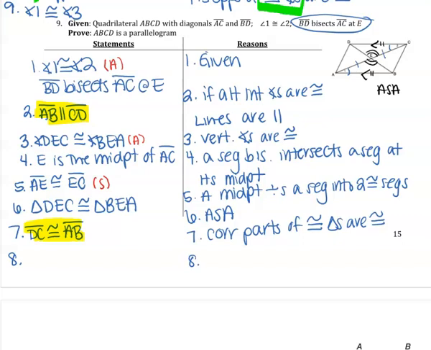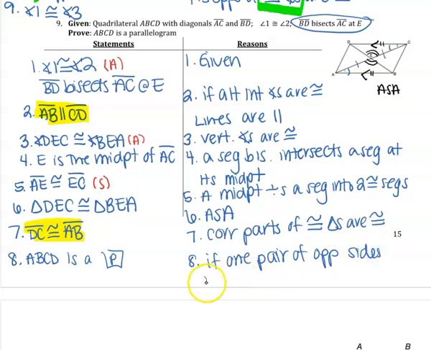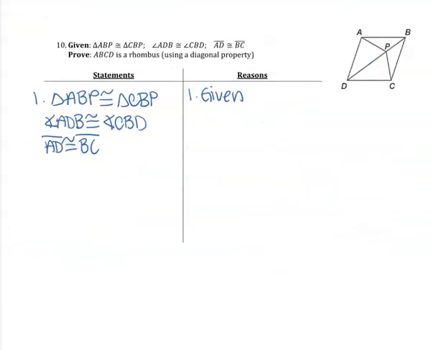So now I can say I have a parallelogram. If one pair of opposite sides are parallel and congruent, the quadrilateral is a parallelogram. Done. All right, we are almost done here.